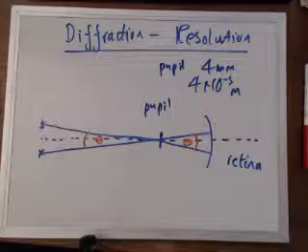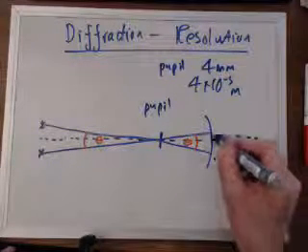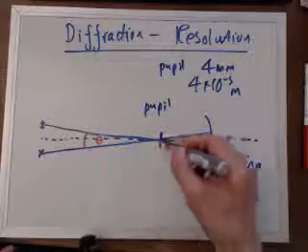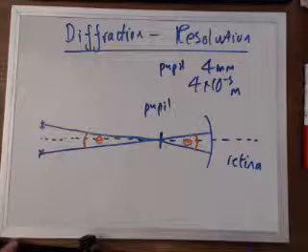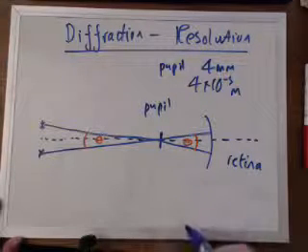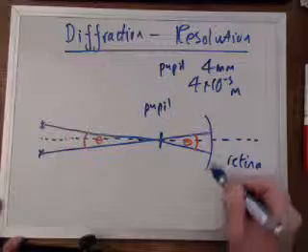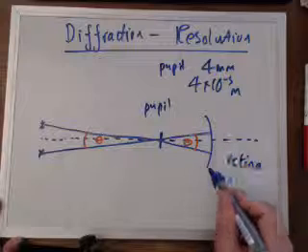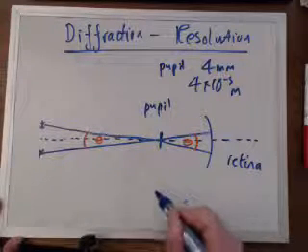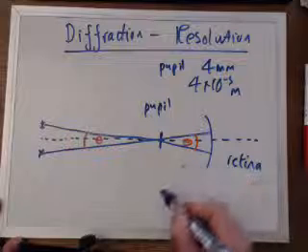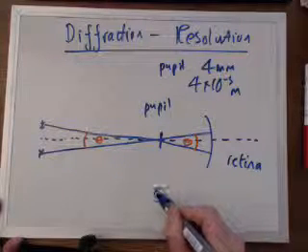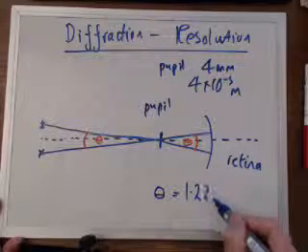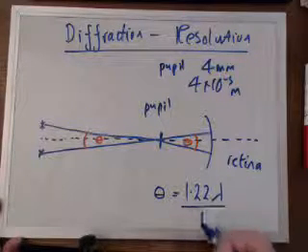Now imagine here and here we're going to have diffraction patterns, because of light from here passing through a slit and here through a slit. The Rayleigh criterion for them to be distinguished from each other is that the angle to the first minimum of one of them is going to be equal to, for this circular slit, 1.22 times the wavelength of the light divided by the slit width b.